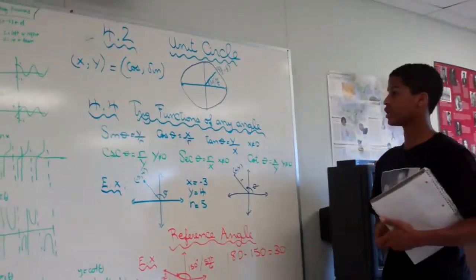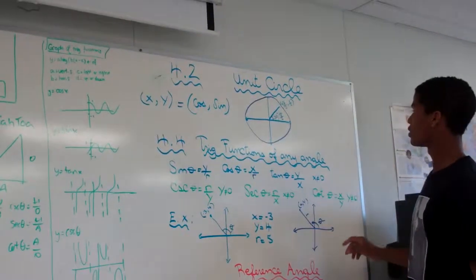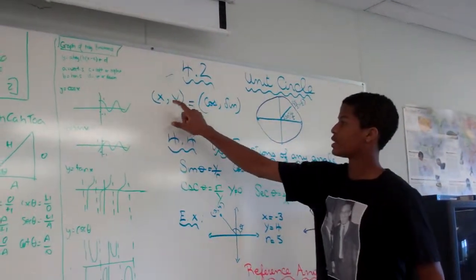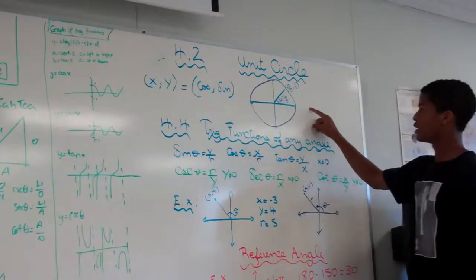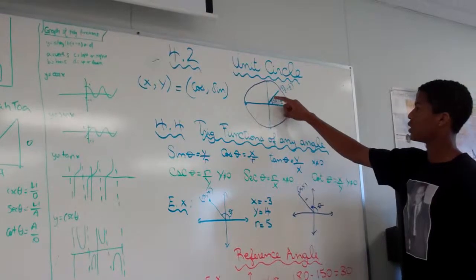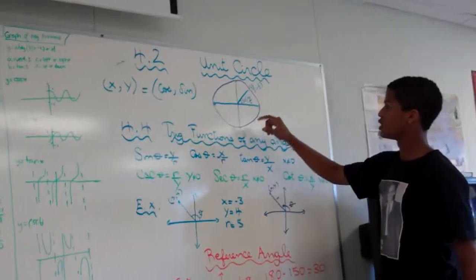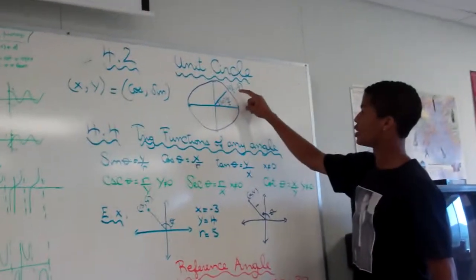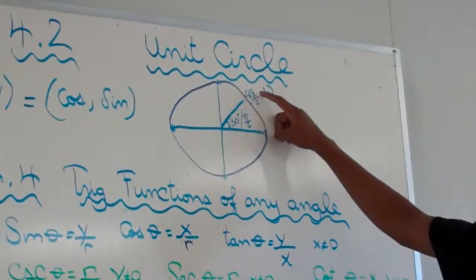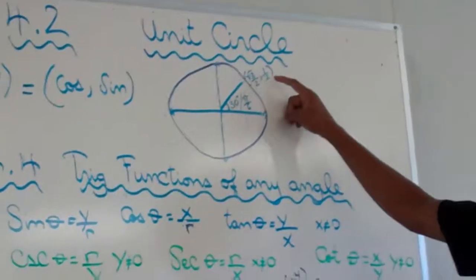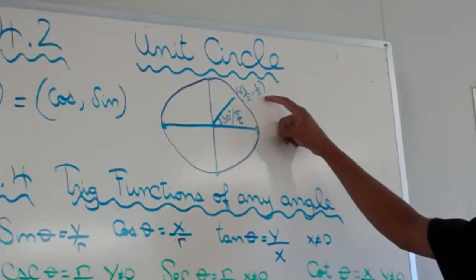Alright, so over here we have the unit circle. The way the unit circle works is x and y also equal cosine and sine. So when you have a degree and they ask you for a point, it will be cosine of 30 degrees, which is square root of 3 over 2, and sine of 30 degrees or pi over 6, which is a half.